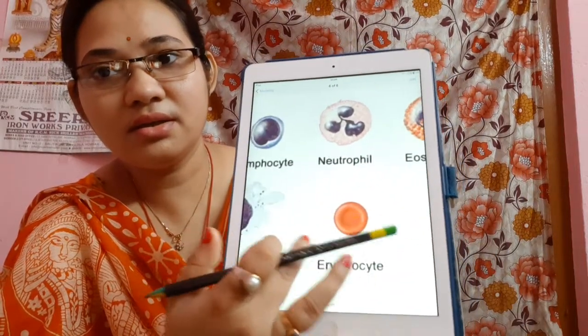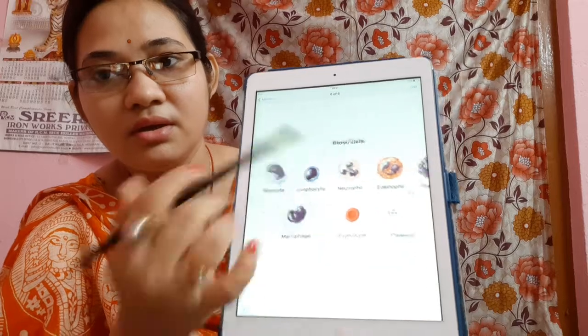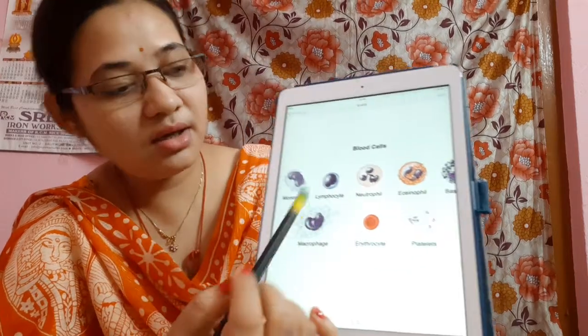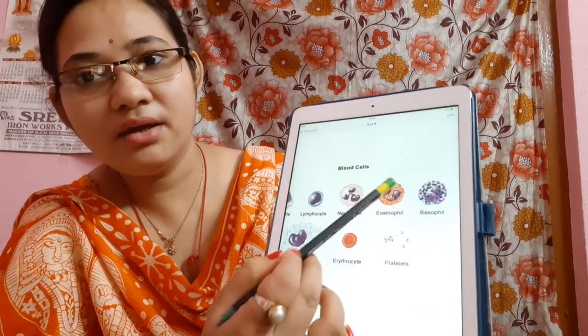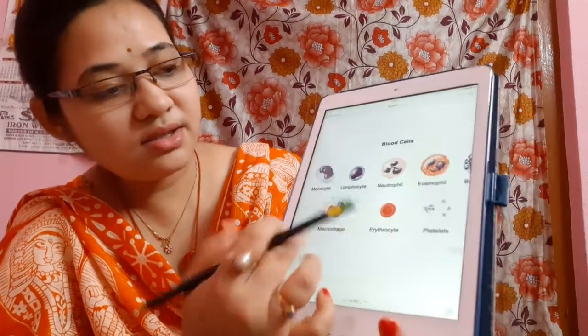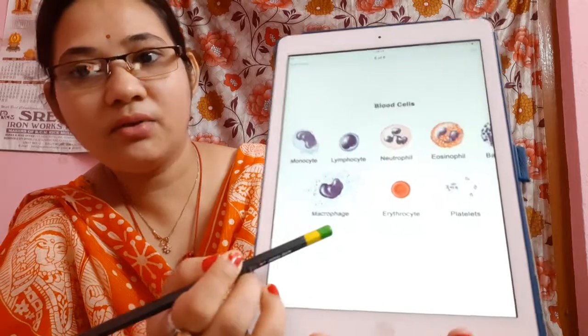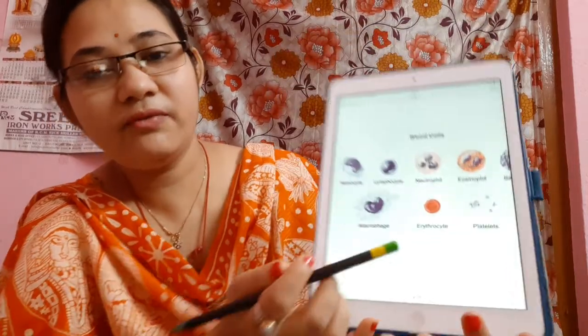So once again, the different types of WBC are the monocyte, lymphocyte, neutrophil, eosinophil and basophil. Some of the monocytes become macrophages. These macrophages have the capacity to perform phagocytosis and engulf foreign substances which might enter our circulatory system. So these are the different types of blood cells or WBC cells.